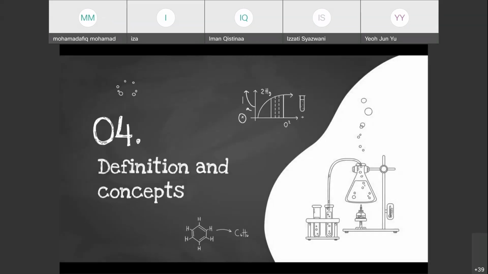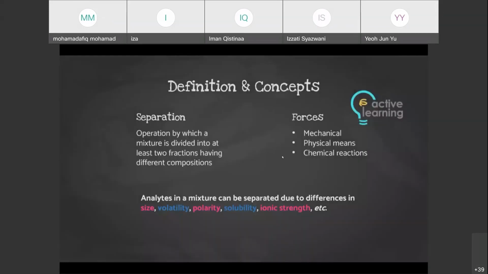Okay, number 4, we will look into definition and concepts. Okay, ini definition and concept lah. Okay, untuk separation, as long saya faham, sebenarnya kalau dalam soalan selalu memang antara favorite untuk kita tanya definition lah. What is the definition of, for example, separation method? So you guys need to explain. Tak semestinya sebiji macam ni, as long saya faham.